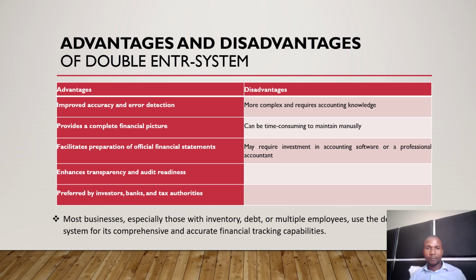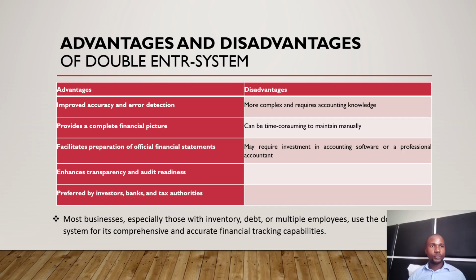Now let's look at some of the disadvantages. One of the obvious disadvantages is that it's more complex and it requires accounting knowledge. That's why you are learning now, to acquire the accounting knowledge to be able to handle this double entry system. It can also be time consuming to maintain manually.